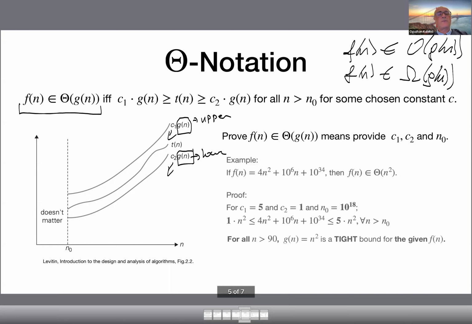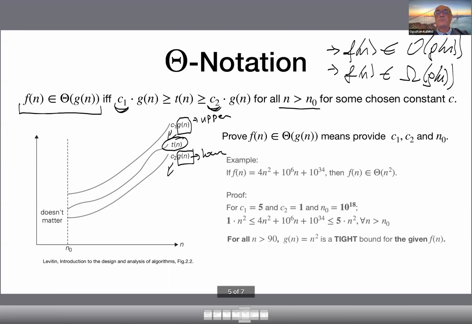because the difference between these upper and lower bounds will always be reasonable, meaningful. So this is my function in between them. I have the upper bound, I have the lower bound. Again, to show the first one, I need to find the c1 value, and to show the second one, I need the c2 constant, and I will say that both hold for n greater than n0.